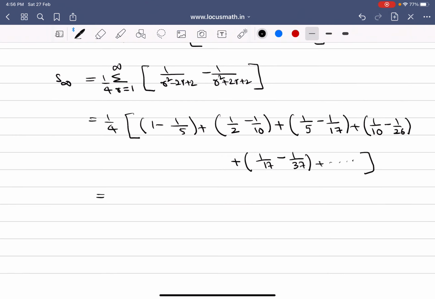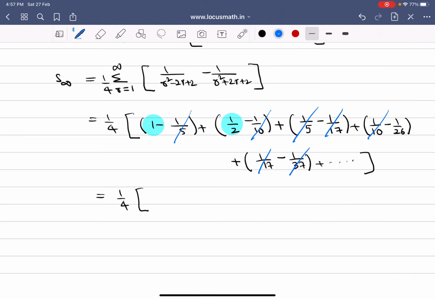That is equal to 1 by 4 into, here this 1 by 5 cancels, 1 by 10 minus 1 by 10 cancels, minus 1 by 17 plus 1 by 17 cancels, etc. All the terms get cancelled except this 1 and 1 by 2.